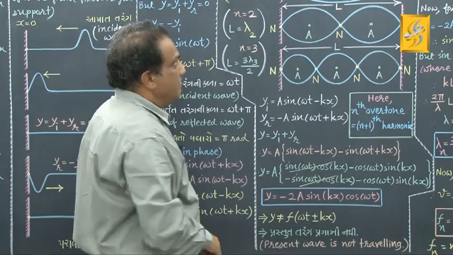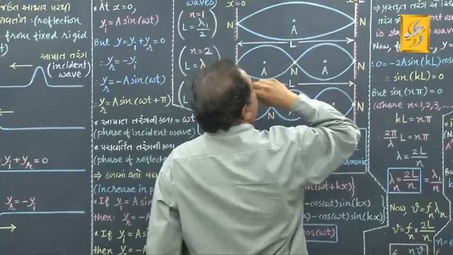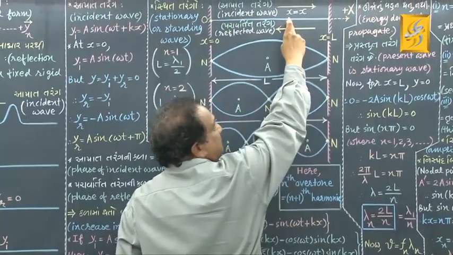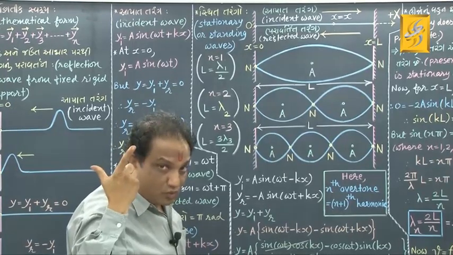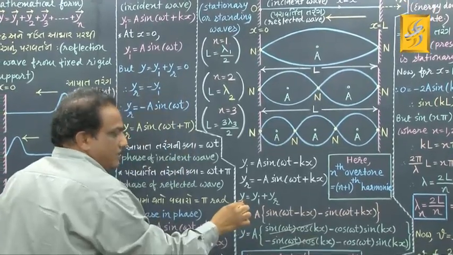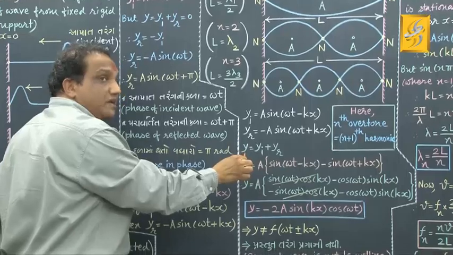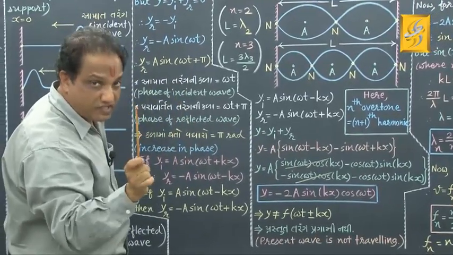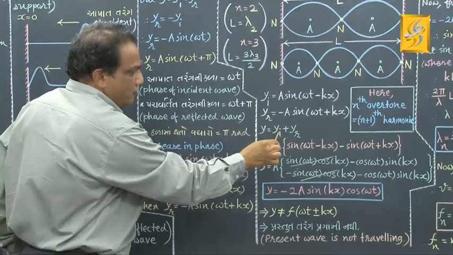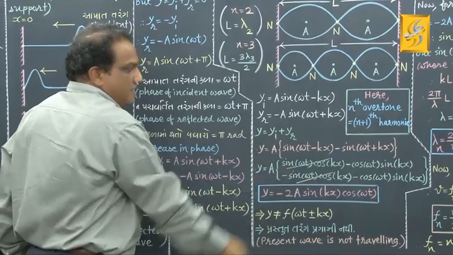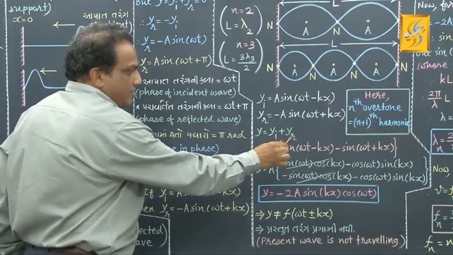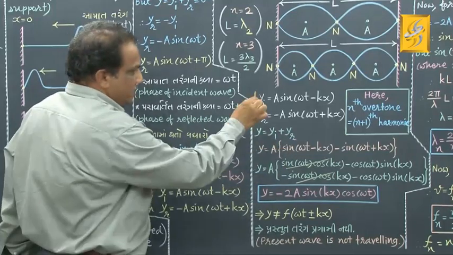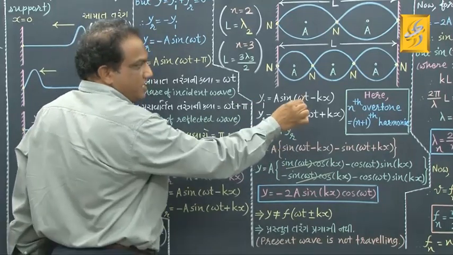Simple. Now tell me, when two waves superpose at this very position, what would be the resultant wave? According to the principle of superposition, the resultant displacement produced in the particle having x coordinate equal to x would be y equals yi plus yr. Fine. Yi plus yr means this plus this.